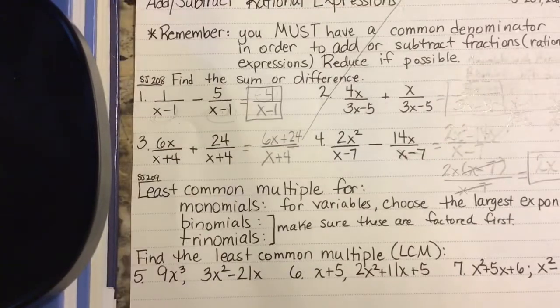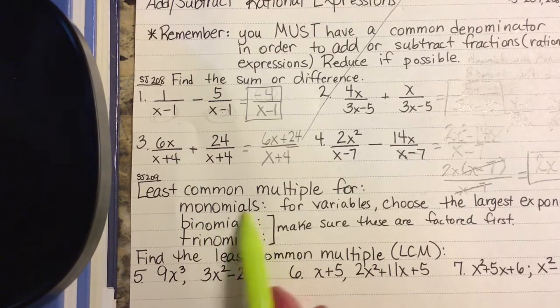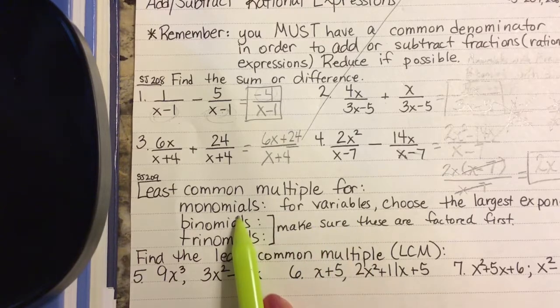Okay, moving on to Student Journal 209, talking about the least common multiple. When you see monomials, the only thing that you're going to think about would have to do with the variables. Of course, we know how to find the least common multiple of the coefficients or the constants.